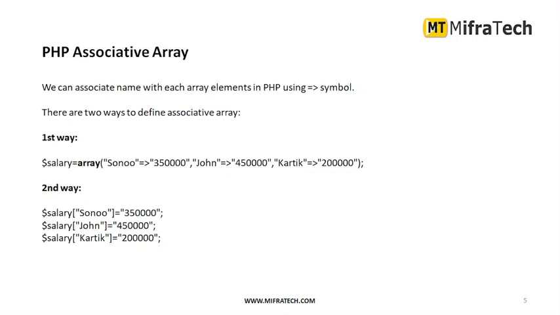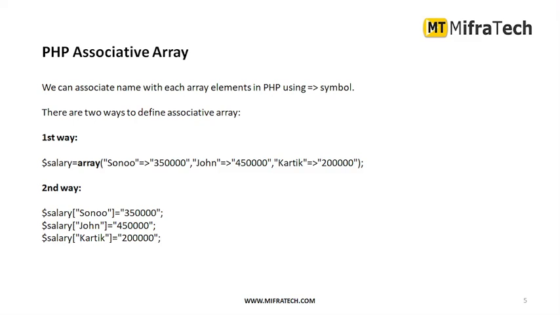Associative array: we can associate a name with each array element using the equals-to-greater-than symbol. There are 2 ways, same as before. Take a salary array: salary is equal to array, with Sono getting 35,000, and John and Karthik.